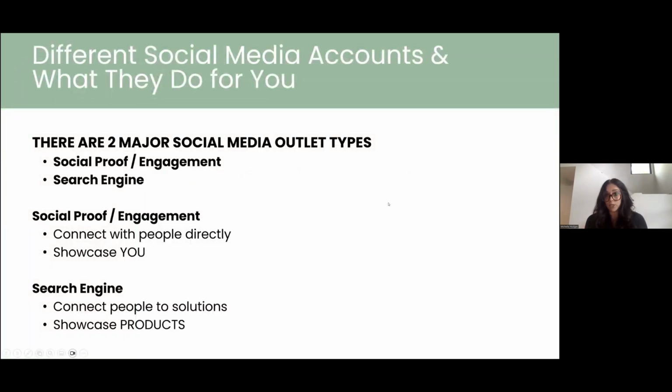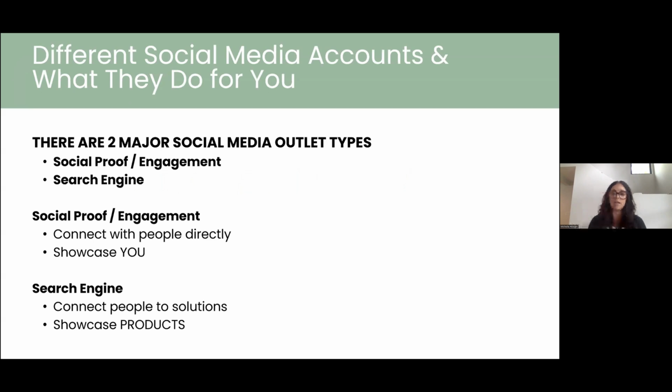The first thing we're going to talk about is different types of social media accounts and what they do for you. So our two major social media outlets are social proof and engagement, and search engine outlets. Social proof and engagement outlets connect you with people directly and connect people to you. The primary goal of these is to showcase you personally and your personal brand, and they put people first instead of business or product first.